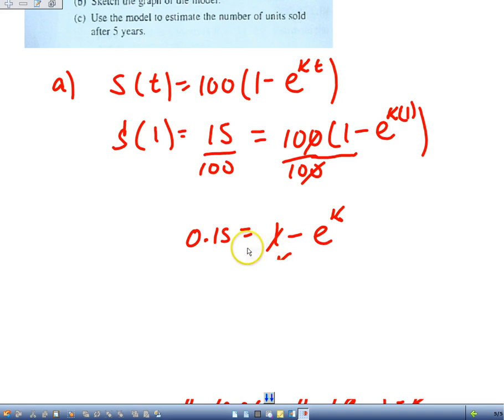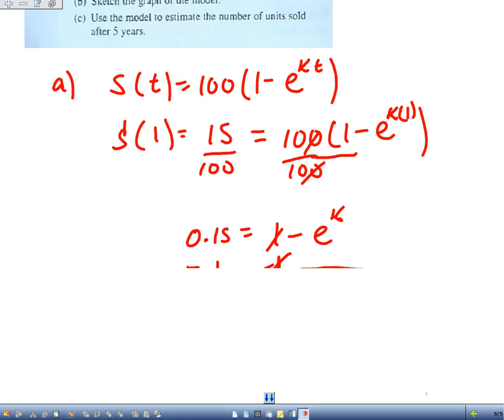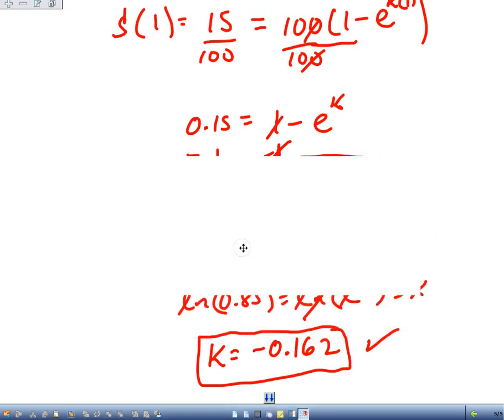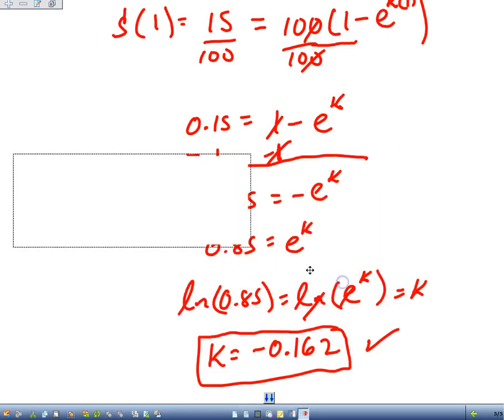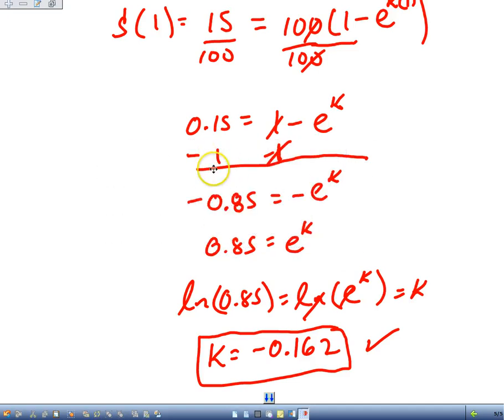Then you subtract the 1 from both sides, and we get negative 0.85 is equal to negative e to the k. At this point we're trying to isolate the e to the k, so we divide by negative 1, and we get 0.85 is equal to e to the k.